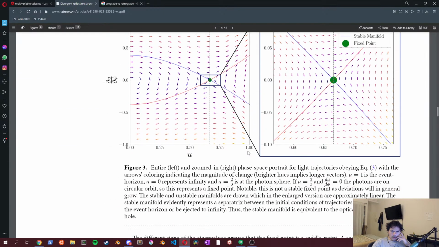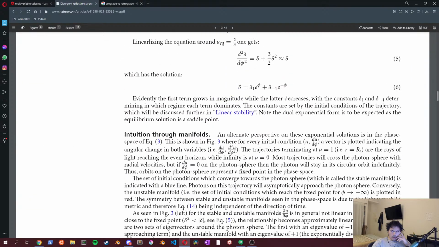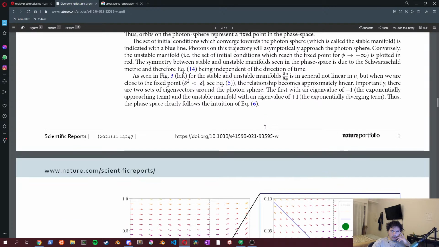But they're saying trajectory is terminating at u equals 1, reaching the event horizon, while u equals infinity is infinity.